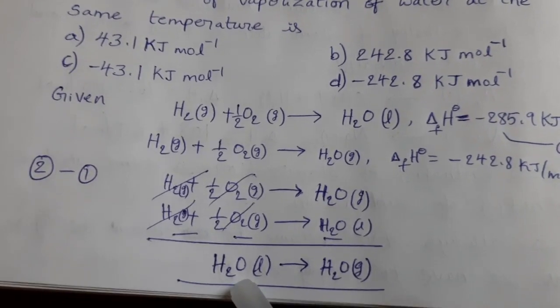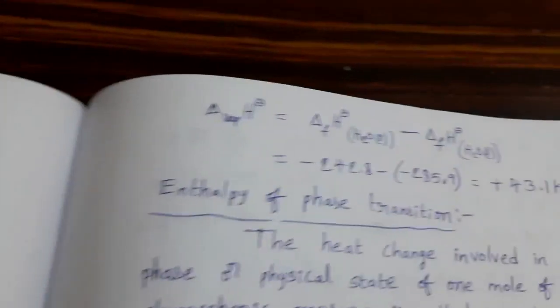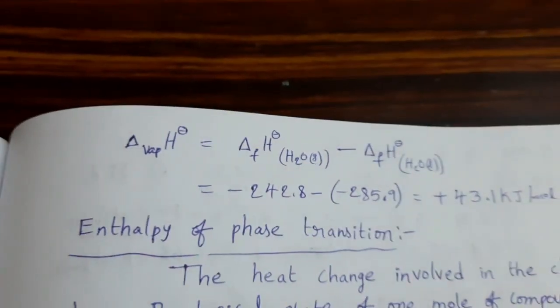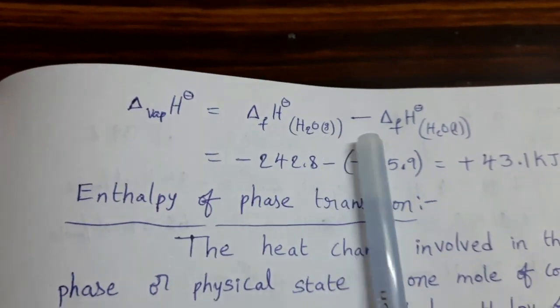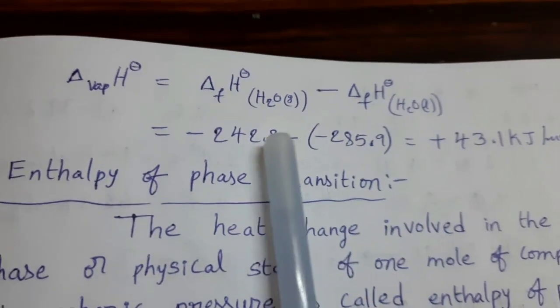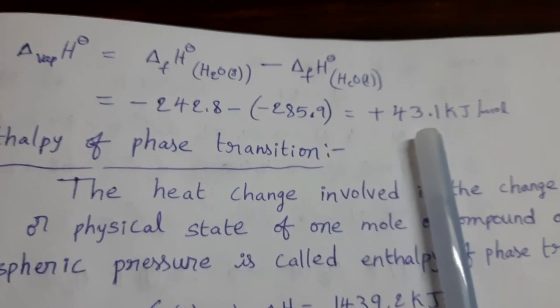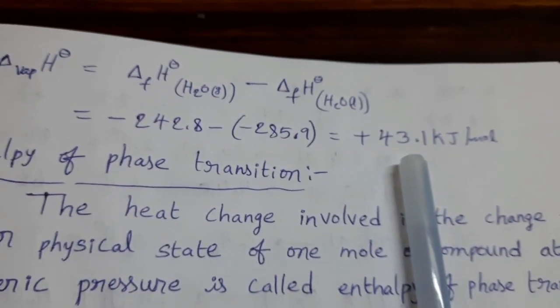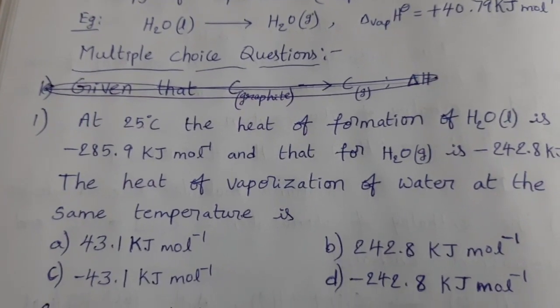Finally, we get H2O liquid changed to H2O gas. So, enthalpy of vaporization equals enthalpy of formation of H2O in gaseous state minus standard enthalpy of formation of H2O in liquid state. Substitute the values, then we get our required answer, plus 43.1 kilojoule per mole. So what is the option? Option A is the answer.